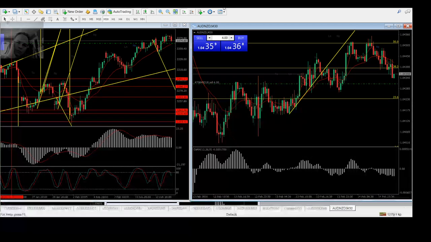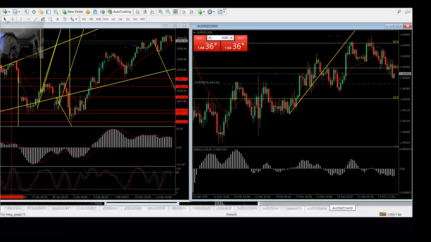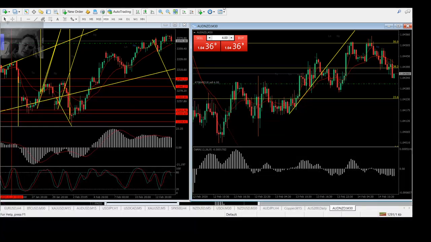Not that Forex isn't a gamble. Any kind of trading is a gamble, but you're increasing that whole kind of Las Vegas mentality when you get involved in a situation like non-farm payroll.